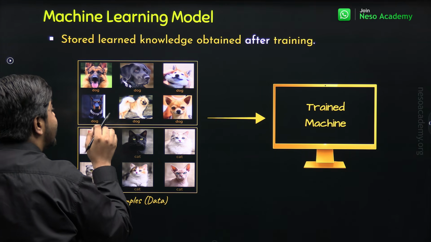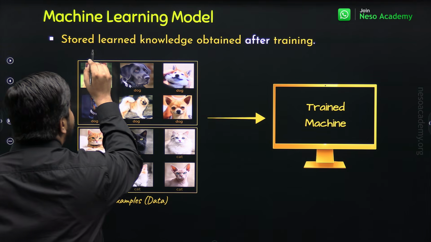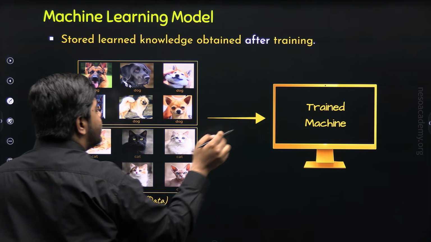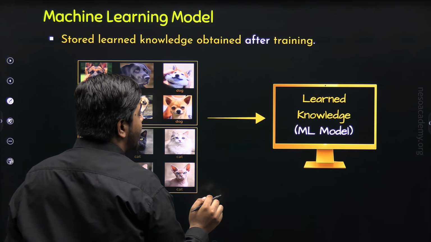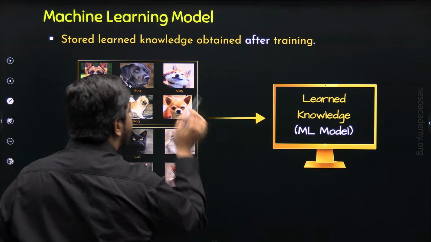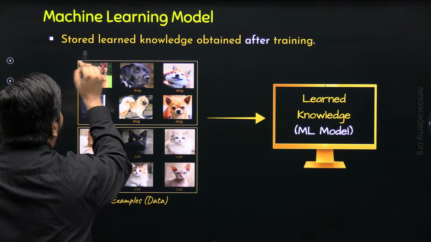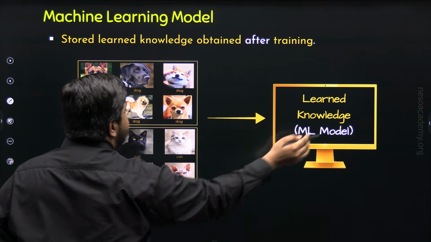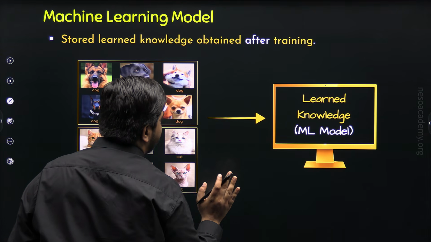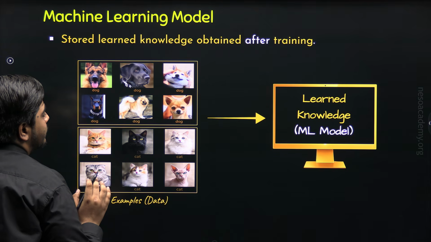These features and patterns of dogs and cats are called the learned knowledge. And this learned knowledge is stored inside the trained machine, which is called the machine learning model. So this point is simply depicting this idea that the stored learned knowledge inside the machine is called the machine learning model. So I hope the second point is also clear to you.